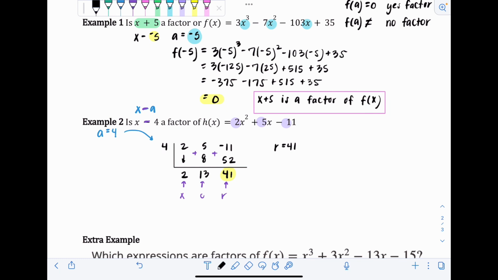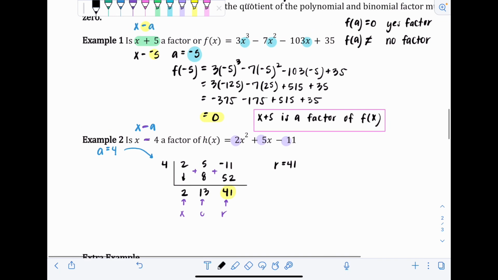But because it's not 0, that means that f of a is not equal to 0, so x minus 4 is not a factor of h of x in this case. So we would write our answer as: x minus 4 is not a factor of h of x.